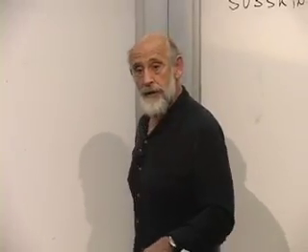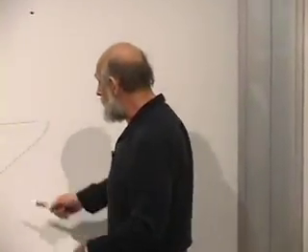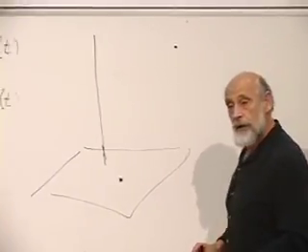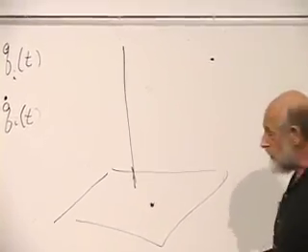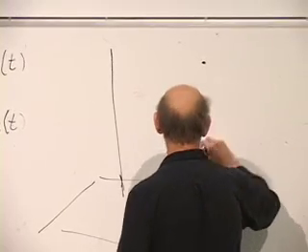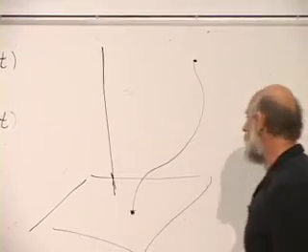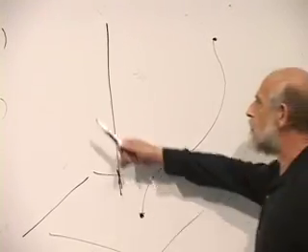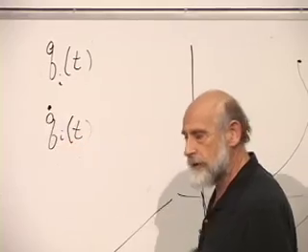We might ask, given that a system starts at one configuration and ends after a time t at another configuration, exactly how does it move in between? What's the path that it takes through the configuration space? How does it move with time?